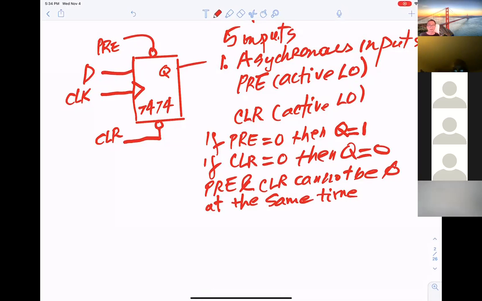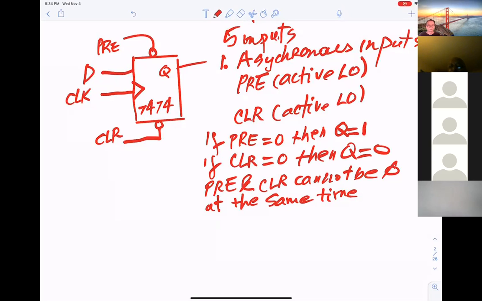Mr. Pham, I understand that rule because I've been with you for a while, but clear is the highest priority, which is 0. So would it go to 0? I know PRE and CLR cannot be 0 at the same time. They can be 1 at the same time, but they can't be 0 at the same time.